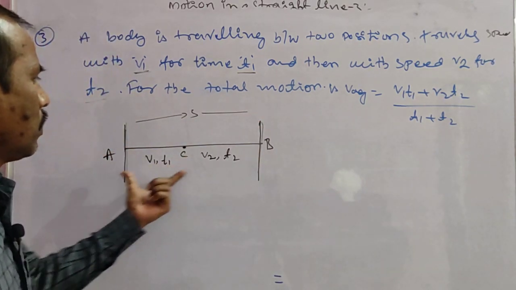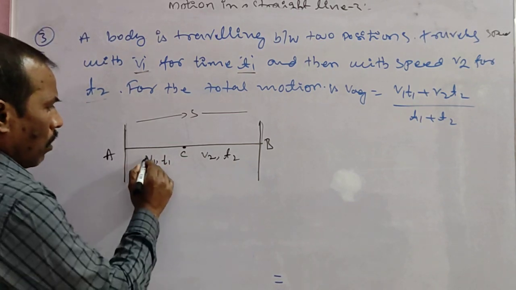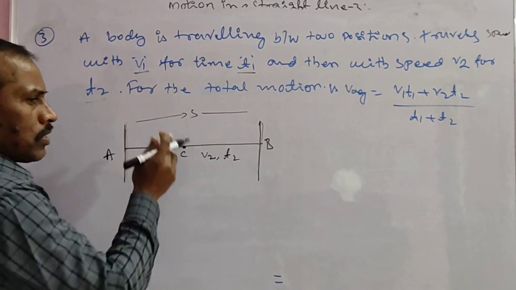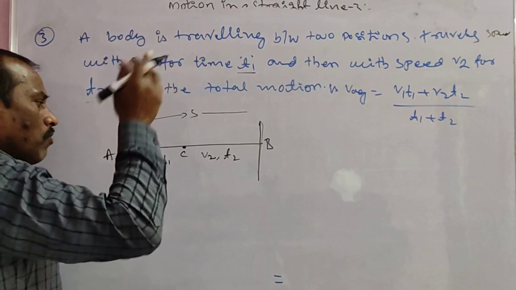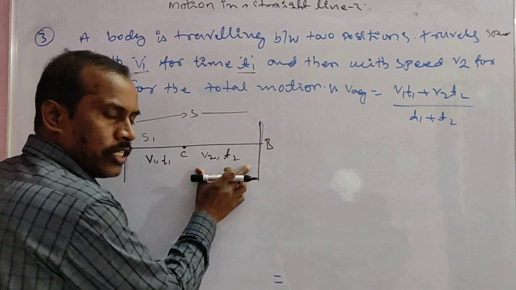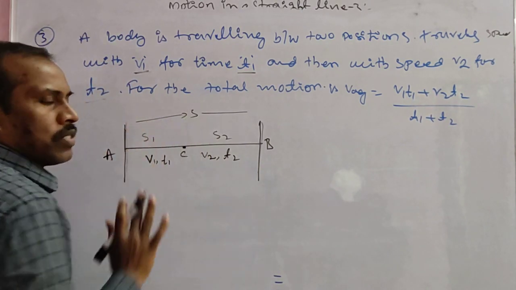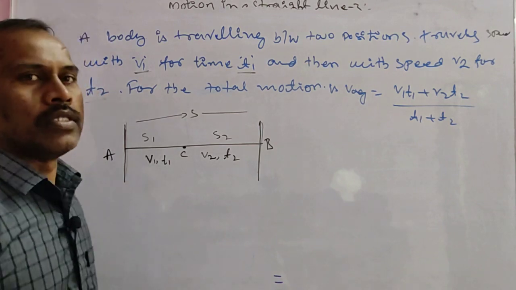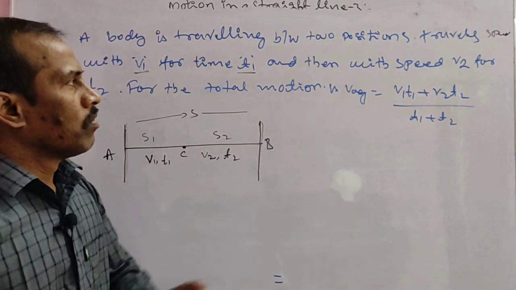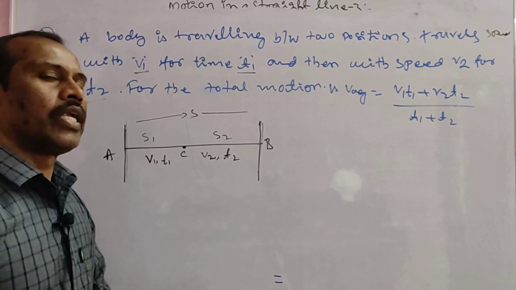The distance between these two positions is, for example, s. Now the distance traveled by the body from A to C is s1, and the remaining distance is s2. s1 plus s2 is equal to s. Now the average speed of the body is v1 t1 plus v2 t2 by t1 plus t2.